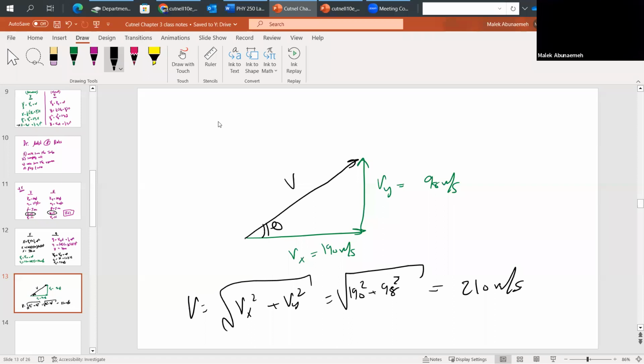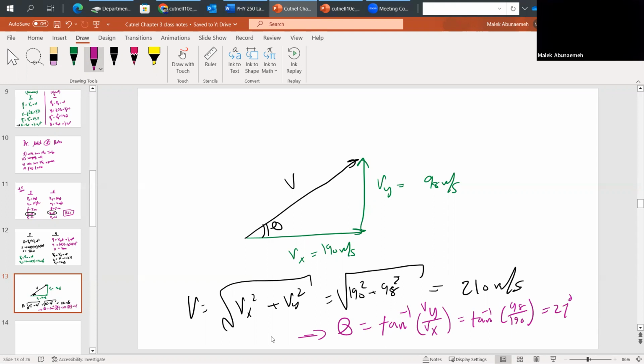Now, to find the angle that we're actually going at, your angle is going to equal the inverse tangent of v of y over v of x, which is the inverse tangent of 98 over 190, and you should get 27 degrees. So your theta is 27 degrees. That means our plane was going at 27 degrees with a magnitude of 210 meters per second.